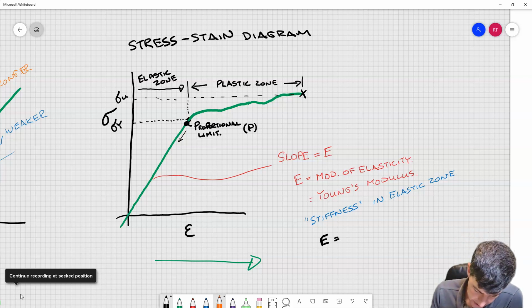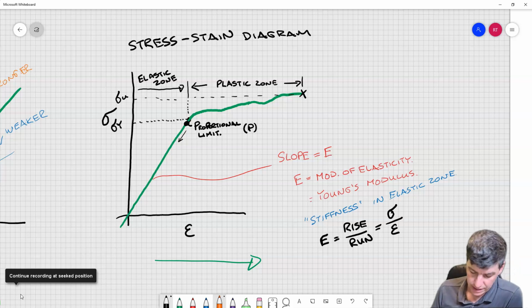In this case, E is our rise over run, which is equal to rise being my stress compared to my strain.